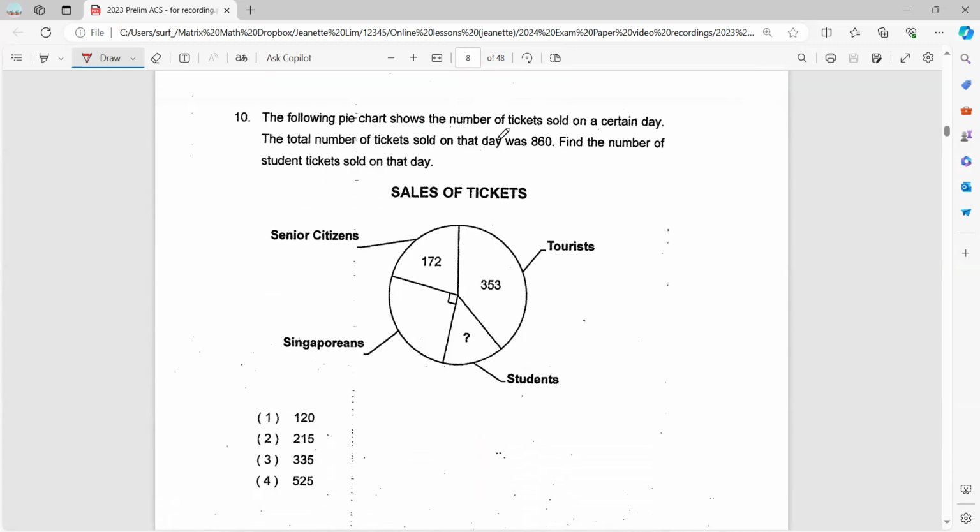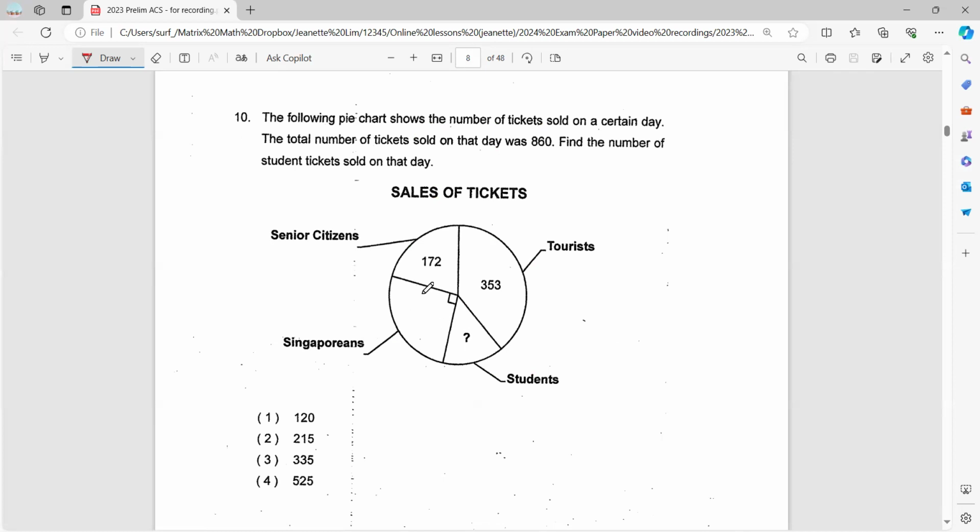Question 10. This is a pie chart showing the number of tickets sold on a certain day. Total number of tickets sold is 860. Find the number of student tickets sold on that day. 860 is the total. What we need to know is this question mark. So what is this part for Singaporeans?